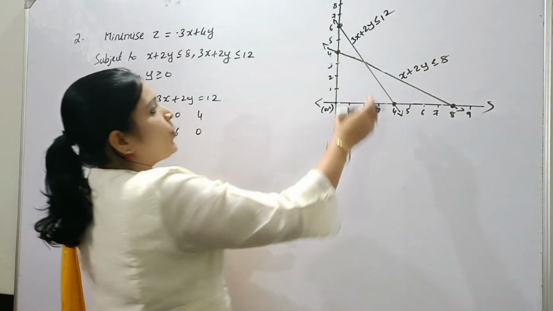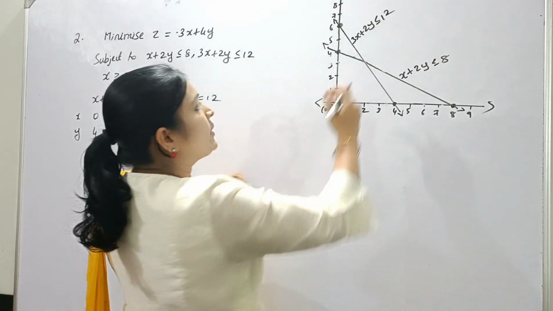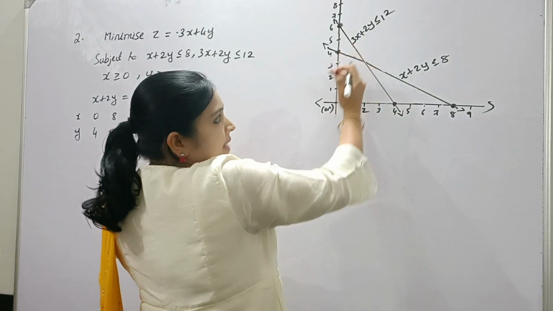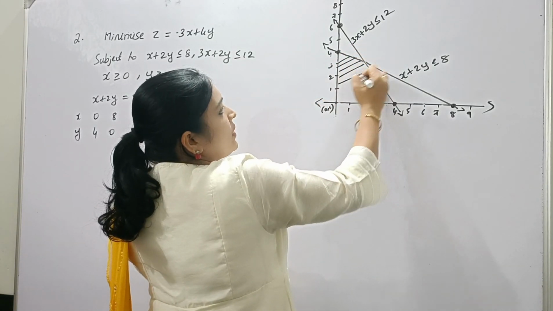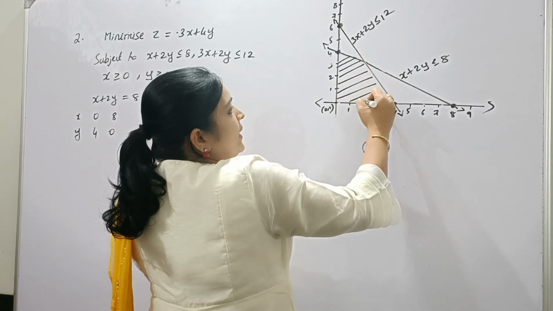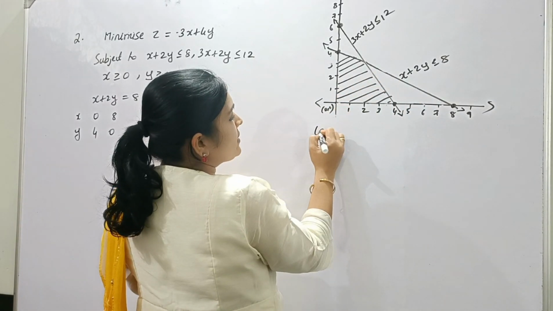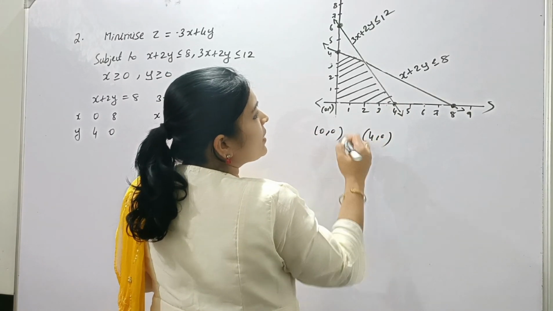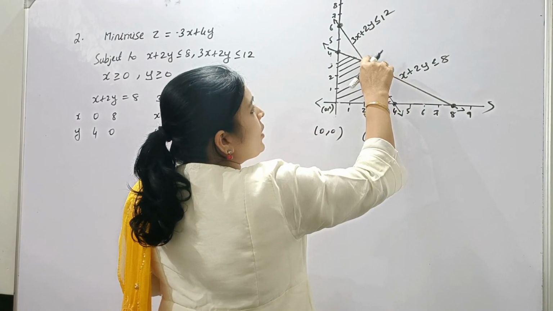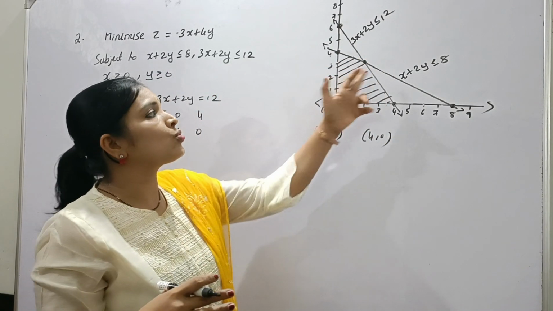Okay, and here see both the equations are inequalities, less than or equal to, therefore the feasible region is inside this one, right? So here it is the feasible region. Now what are the corner points? Let's find. One is 0, 0, and this point, that is 4, 0, and this point we have to find, it is the point of intersection of these two lines, right?